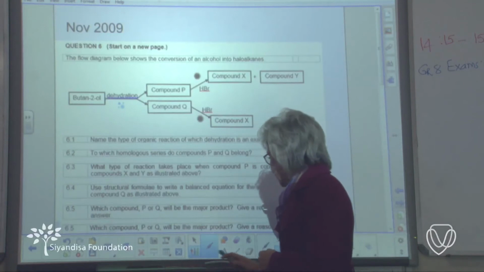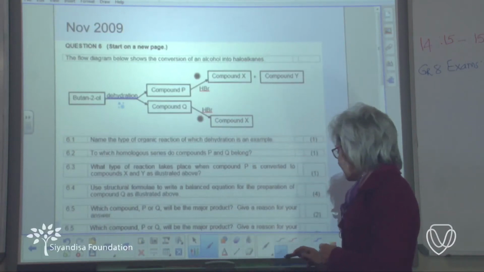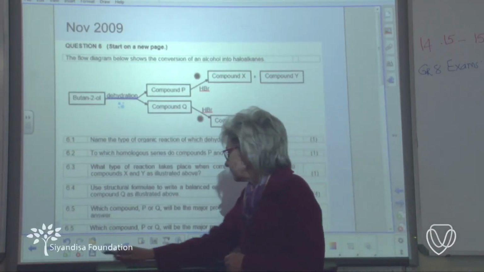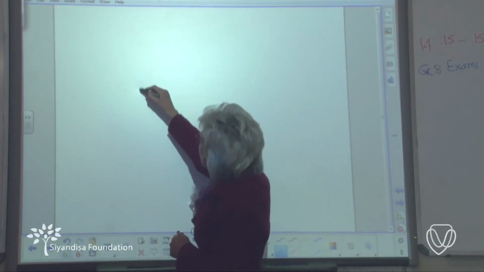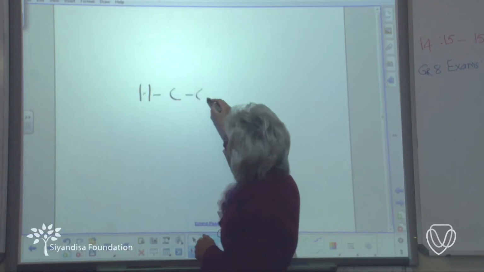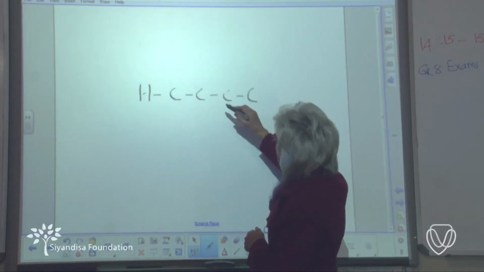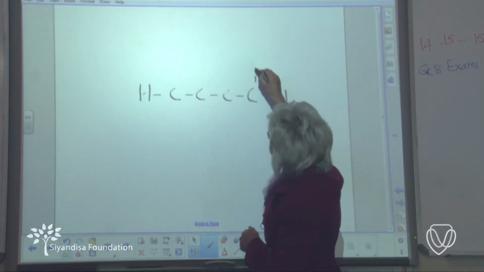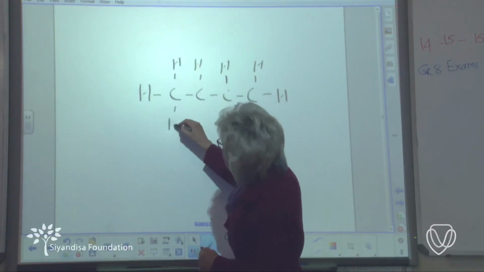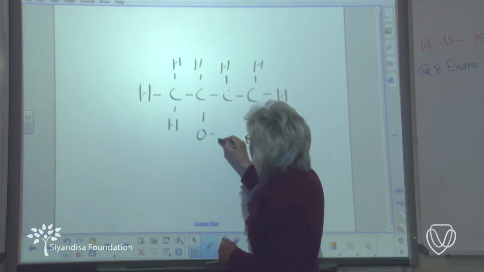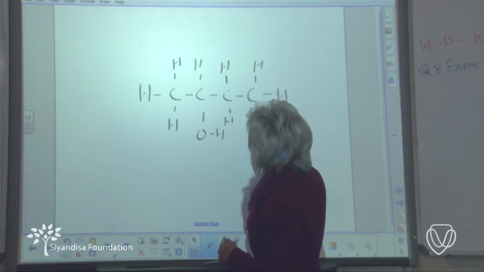So let's first of all just write the compound. So we've got butane 2-ol. So that is 1, 2, 3, 4. And on carbon 2, the hydroxyl group.